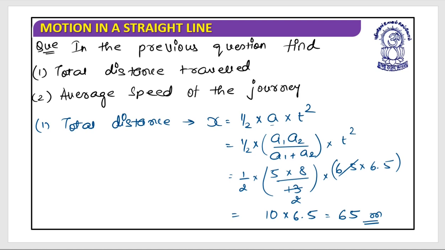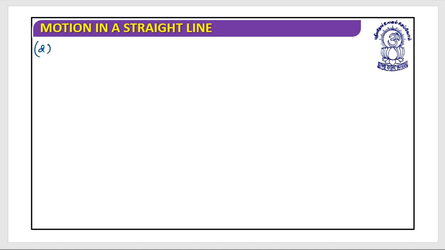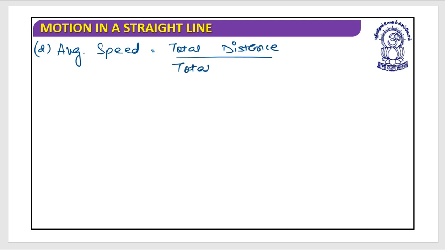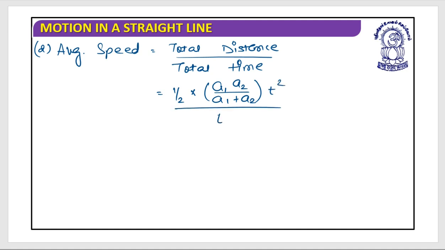How can you do it? What is the formula of average speed? Average speed is total distance divided by total time. Now total distance is half into a1 a2 divided by a1 plus a2 into t square, divided by total time t.